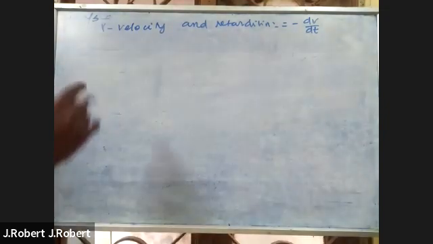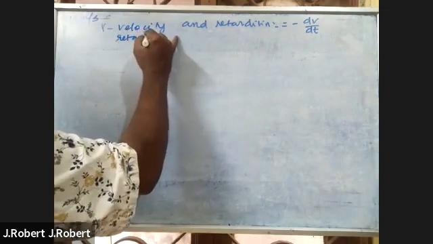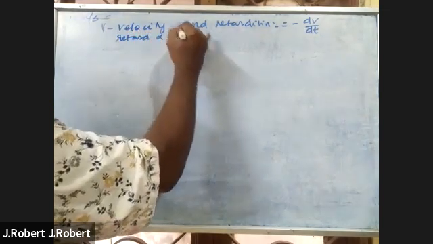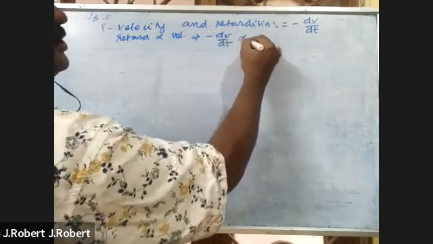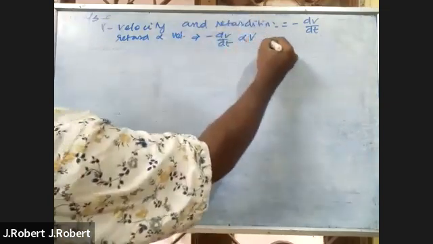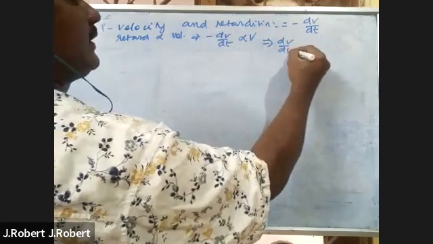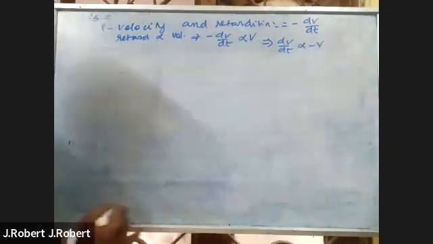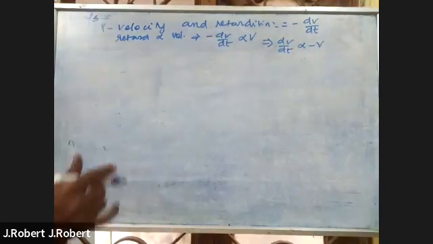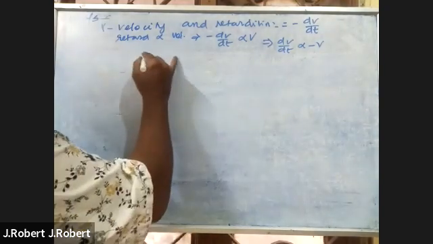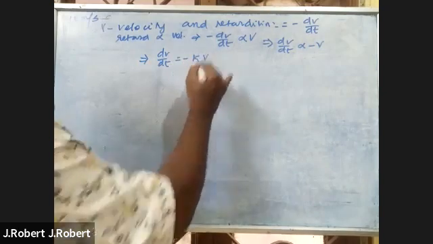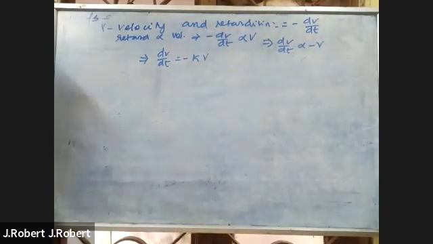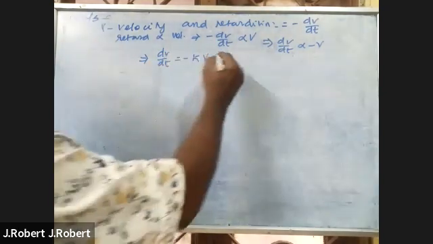According to the problem, minus dv by dt is proportional to v, or dv by dt is proportional to minus v. Remove the proportionality; therefore, we have to introduce the constant. dv by dt is equals to minus k into v.